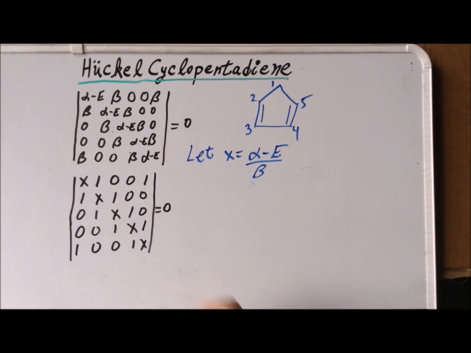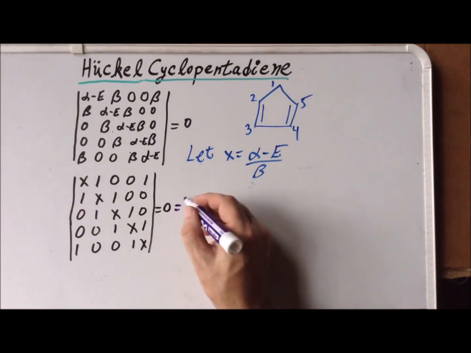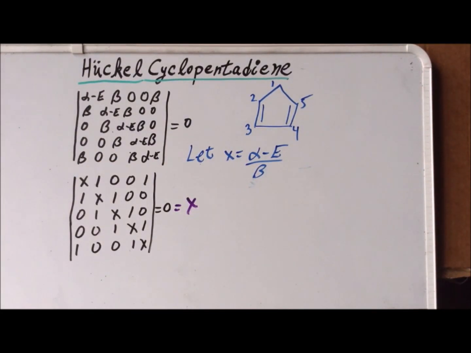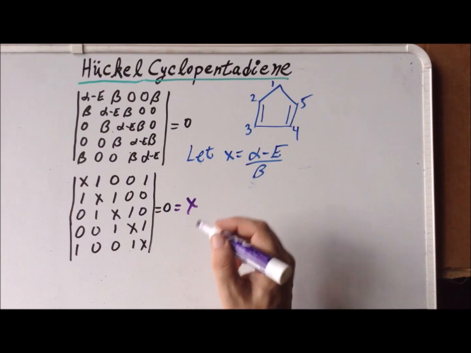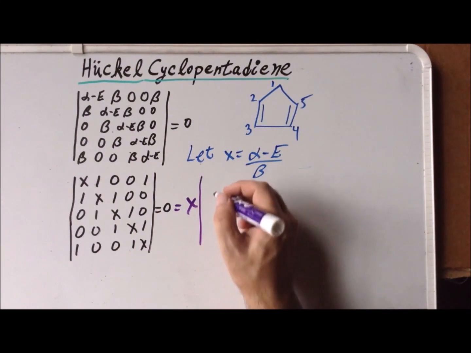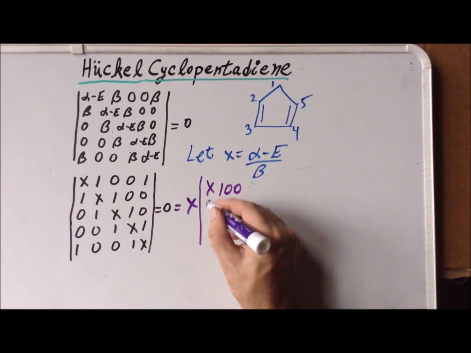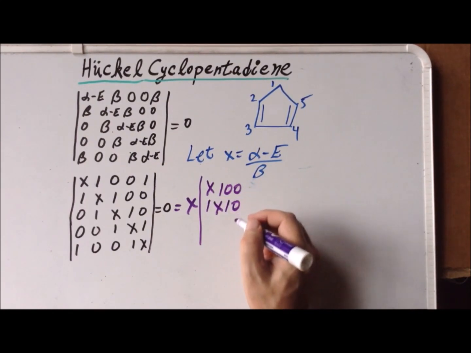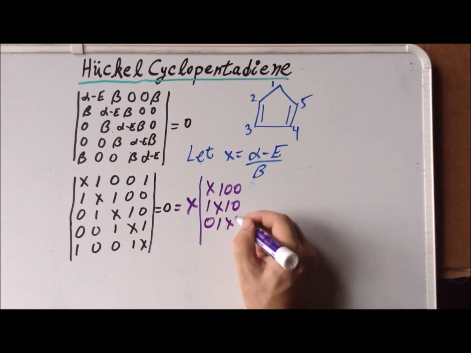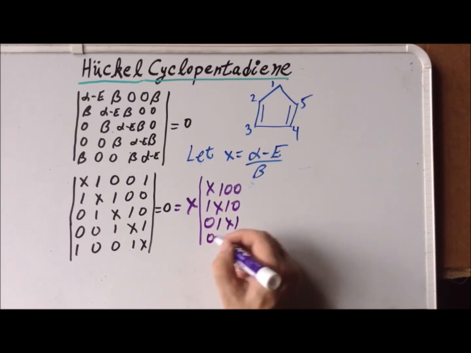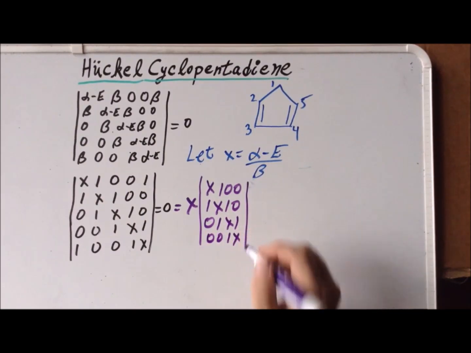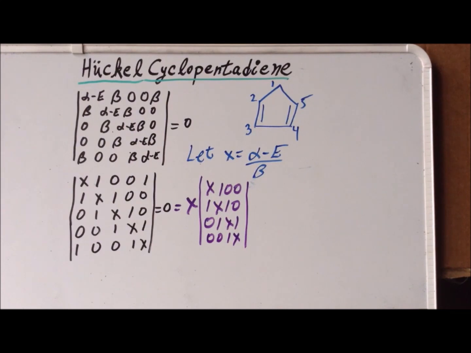Our first coefficient is going to be the x, and then it multiplies the determinant we get by removing the first row and the first column. That gives the following. For our next coefficient, we use the 1.